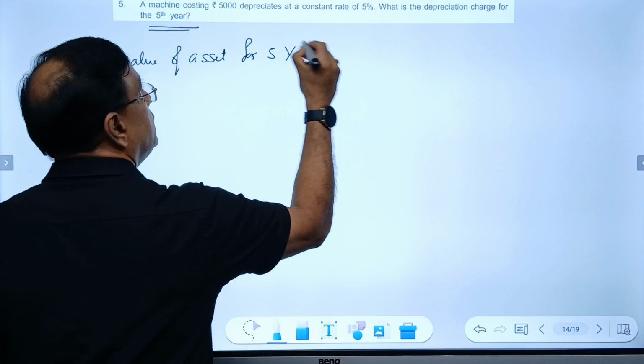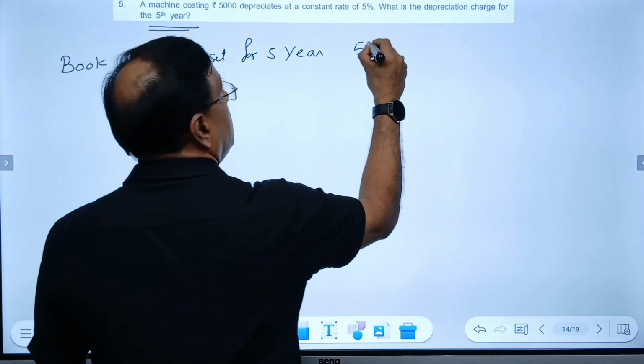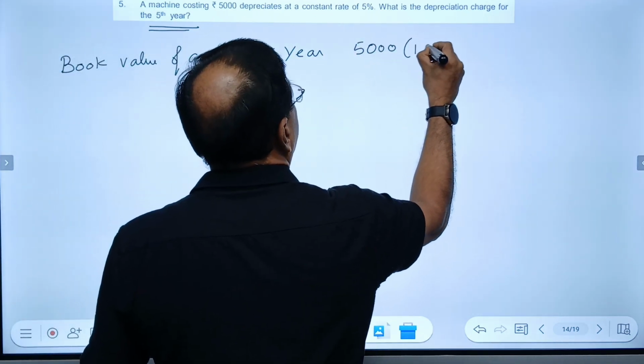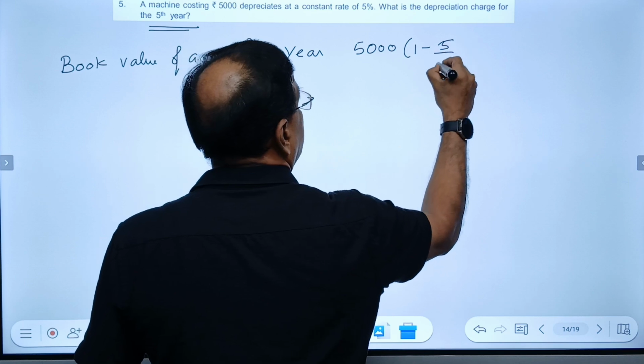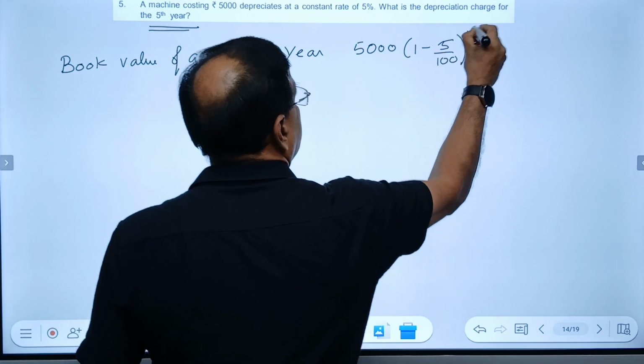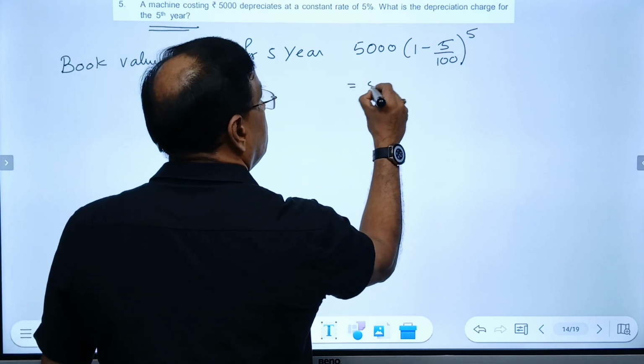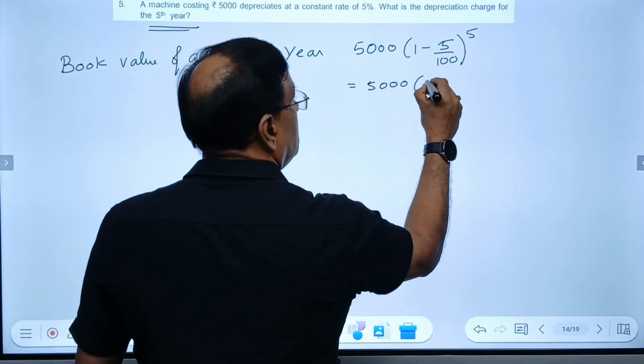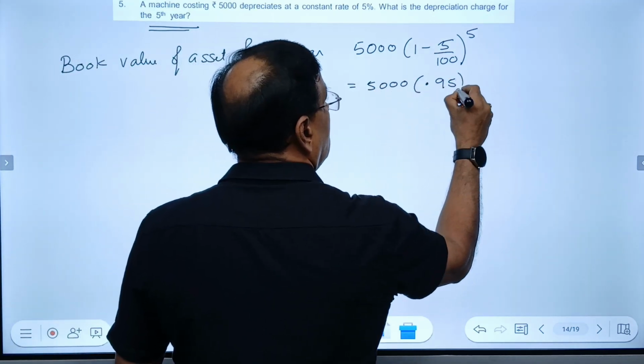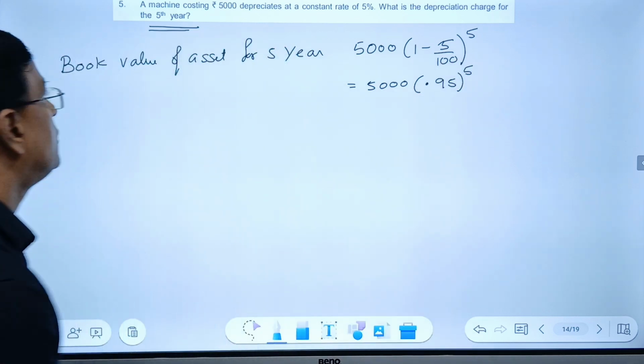How do you find it for 5 years? It is P into 1 minus 5 by 100 whole power 5, which is actually 5000 into 0.95 whole power 5.